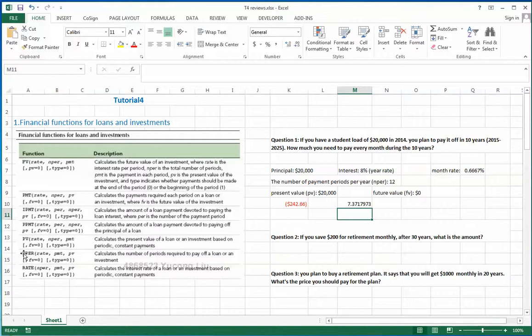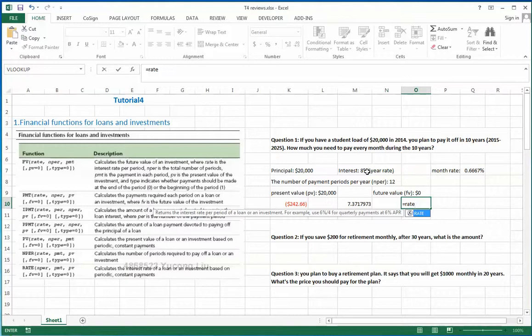That's the NPER function. How about the rate? Now we assume the rate is 8%. What if you get some discount? You find some good deal. So let's do the calculation. Say we want to get the rate. RATE.